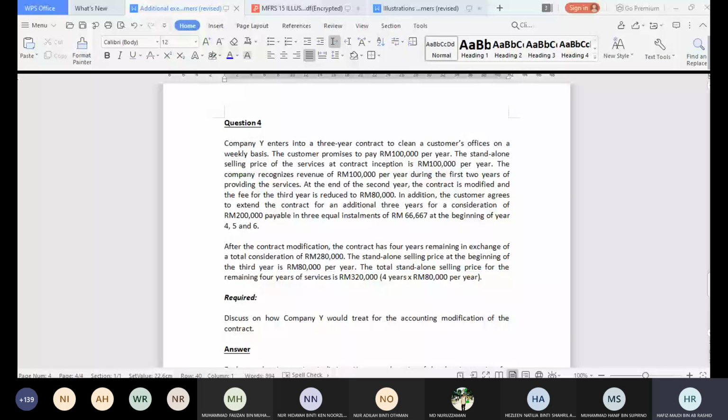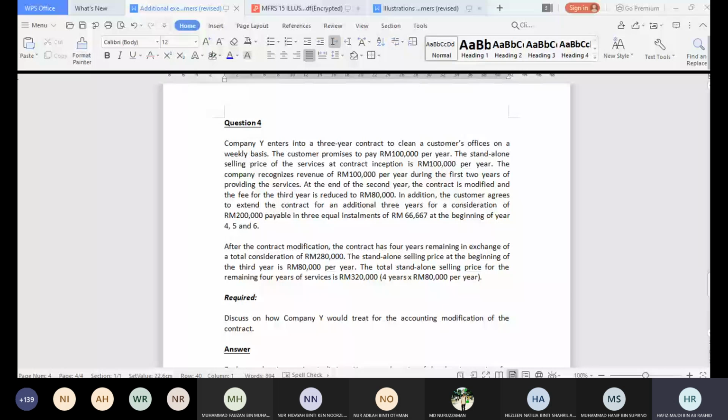In addition, the customer also agreed to extend the contract for an additional 3 years for a consideration of 200,000. That means if you divide it by 3 additional years, per year it becomes 66,667.